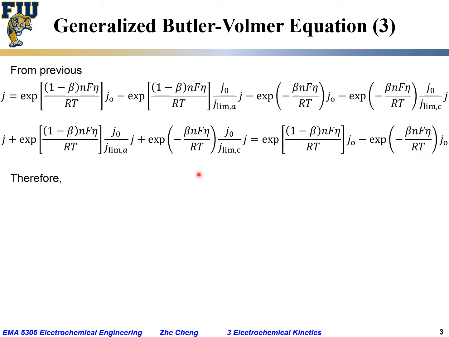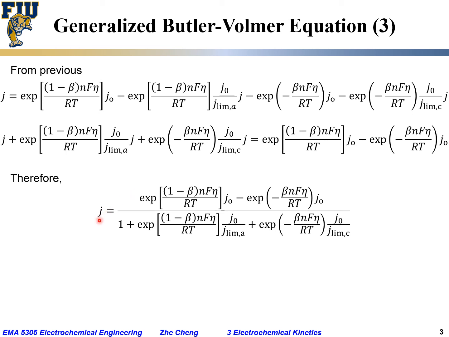Then we can get the net current density to be this numerator, and our denominator will just be 1 plus the exponential term, the ratio between exchange current density to limiting current density, plus the exponential term, the ratio between exchange current density to limiting current density.